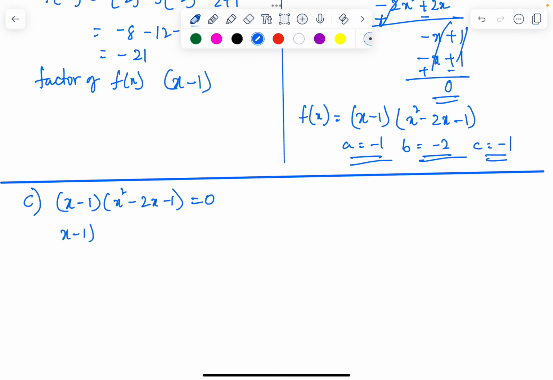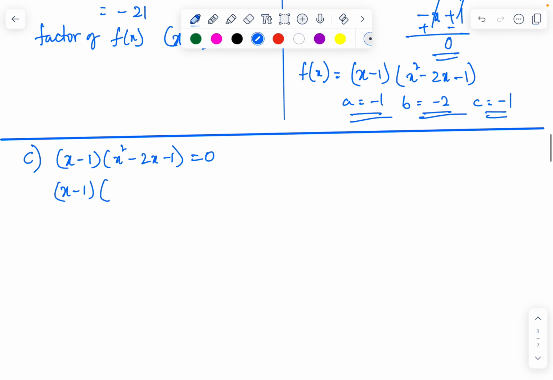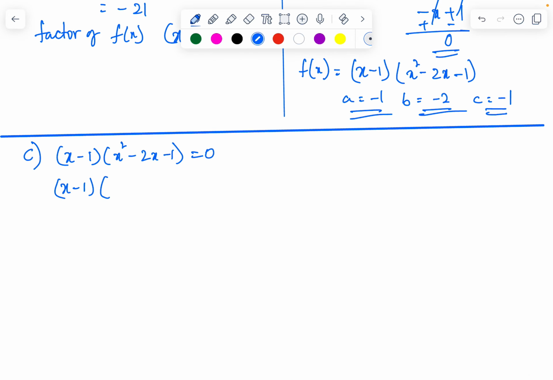Let me write this one also in brackets. You can see that this one cannot be factored, so here I will use the quadratic formula. So 2 plus or minus the square root of 2 square minus 4ac, 4 times 1 times negative 1, over 2a. 2 times 1 is 2. Okay, so equal to 0.